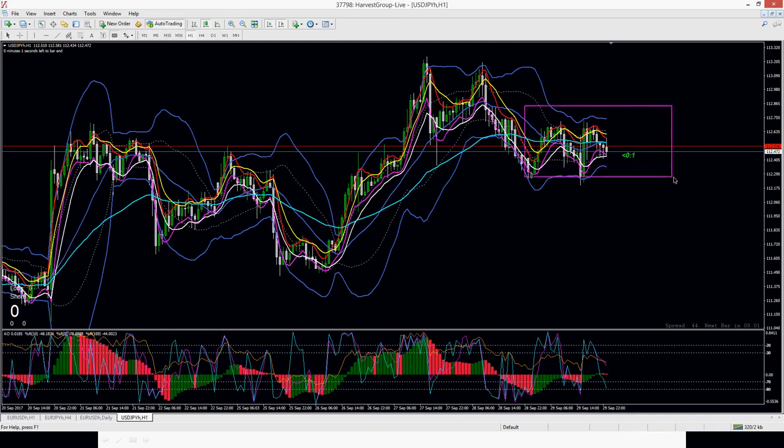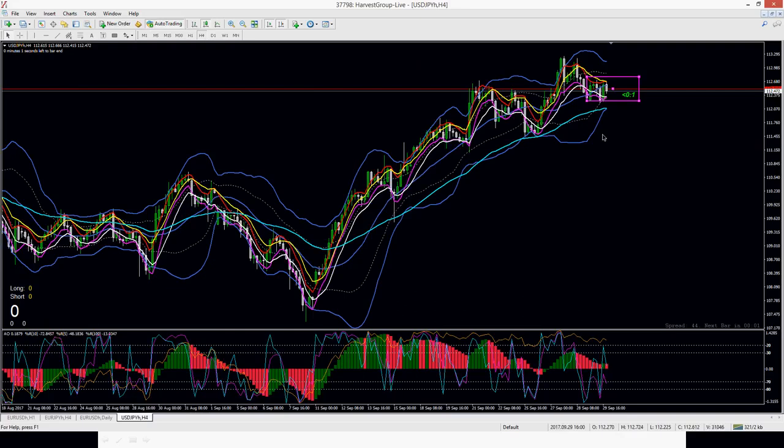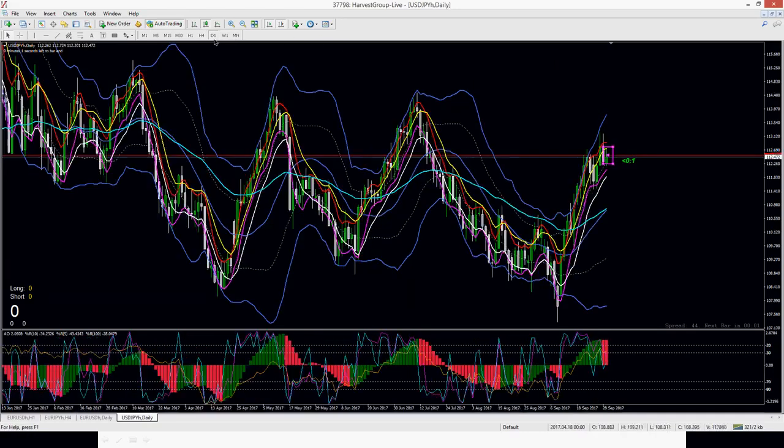Whenever H1 is going sideways, then obviously it will be creating a re-entry on a much higher time frame than H4. So obviously H4 is still going sideways as well, and on D1, there's a possibility that this might be a re-entry on D1. So the price going down is a possibility that it might create a re-entry on D1.